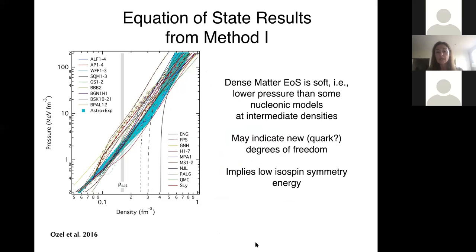If we go the next step and say, okay, what's the equation of state that you can infer using this parametric form, then again, this blue band would tell you this is the equation of state that describes the neutron star interiors coming from the X-ray spectroscopy data. What does it say? It says that the dense matter equation of state is soft.